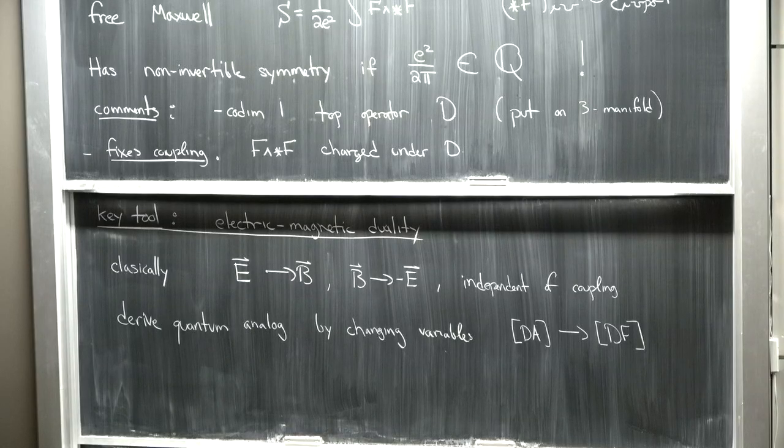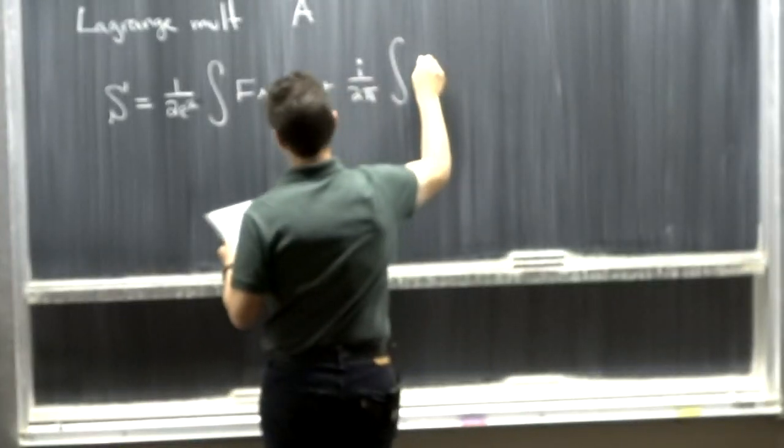So our action, so the Lagrange multiplier will be called A tilde, and the action now must be 1 over 2 E squared integral F wedge star F. Now we forget the fact that F is dA. And now I add to the action this coupling.